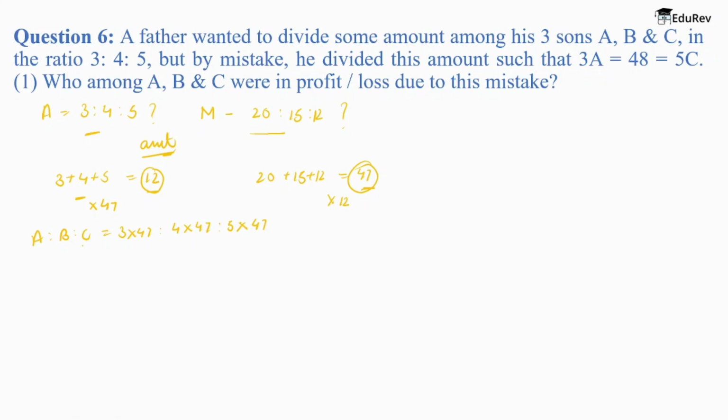So this becomes 141 is to 188 is to 235. If we talk about the ratio by mistake, it is A is to B is to C, 20 into 12, 15 into 12 and 12 into 12.